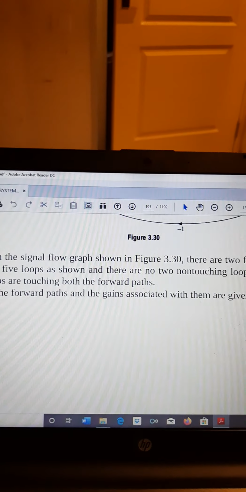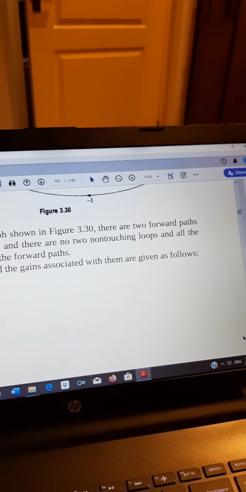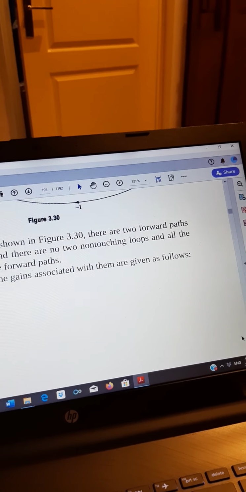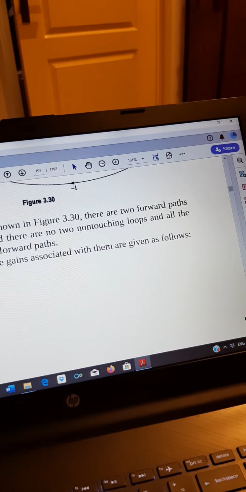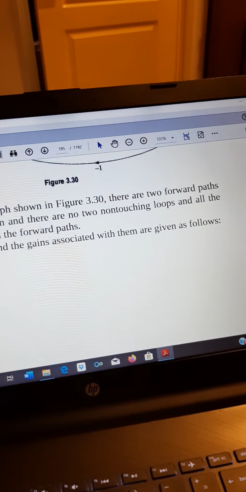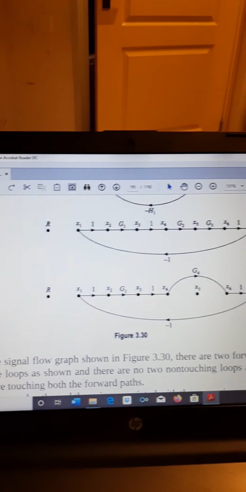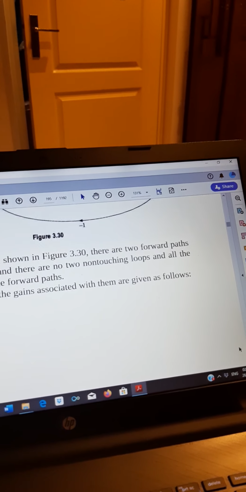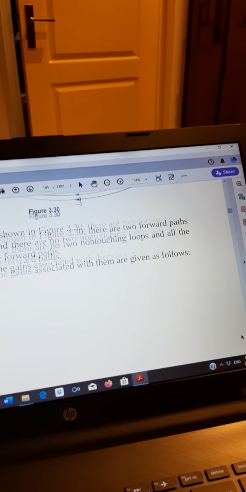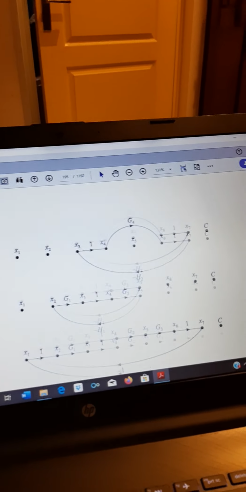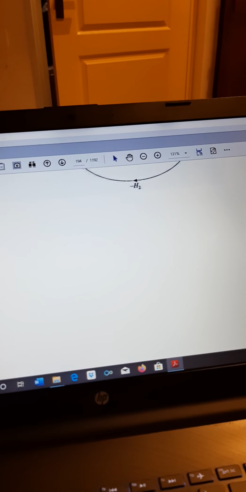Next, what you have to do is, as per the 2 forward paths and 5 loops, check whether there are any non-touching loops, any 2 non-touching loops. I think that there is no non-touching loops.